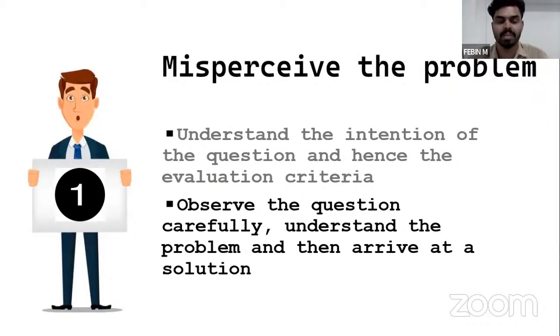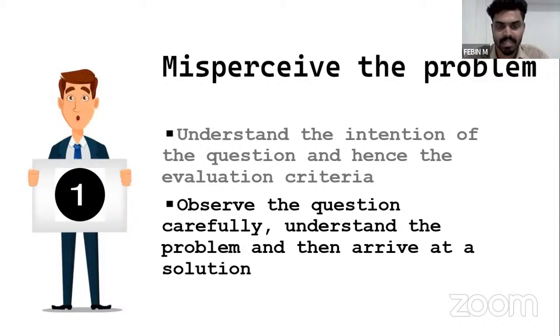Firstly, we have misperceiving the problem, which means understanding the problem in a way it should not be understood. When you look at a question, you have to read it, then observe and think about what that question is.